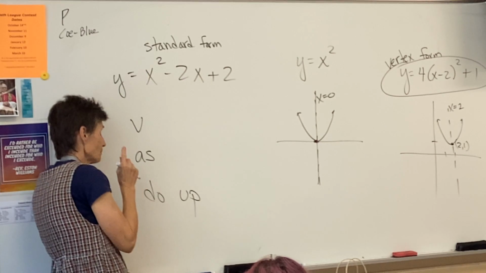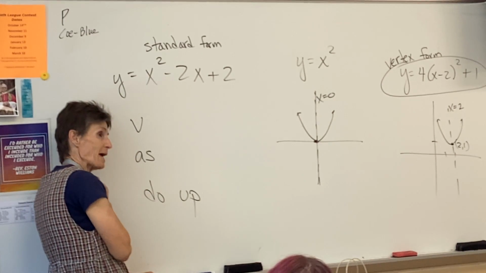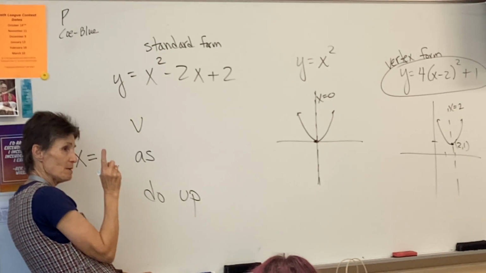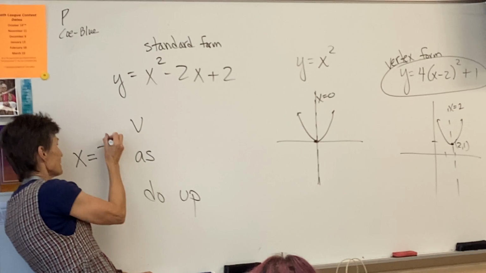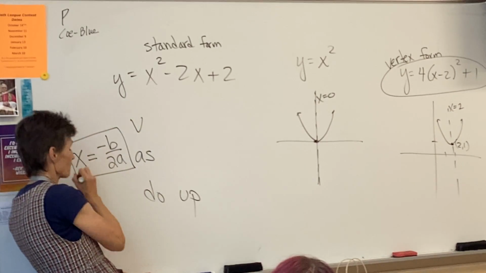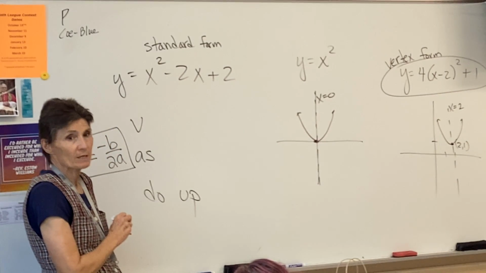Now, I can't find my vertex just yet. I'm gonna start by finding my axis of symmetry. There is a little formula that maybe you have seen before: x equals negative b over 2a. That is your axis of symmetry formula.